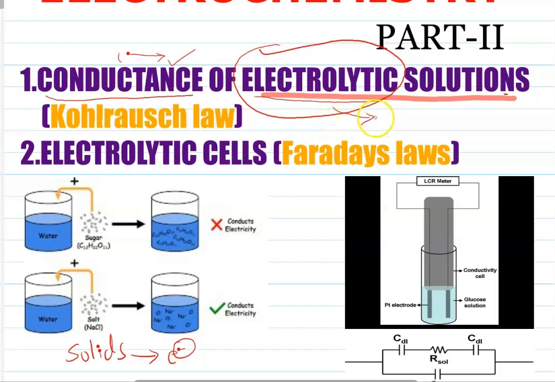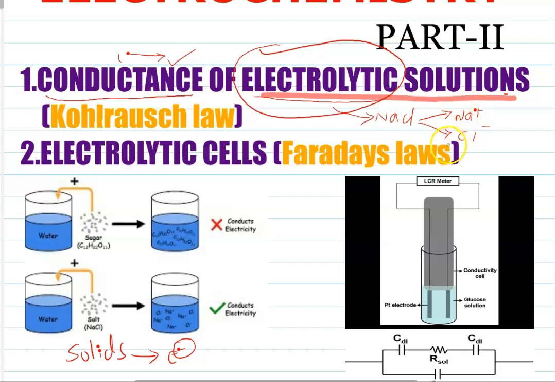Take a very famous example, NaCl. This is an electrolyte. If it is dissolved in water or melted, which you can call fused, it will form Na+ and Cl- ions. That means an electrolyte has a cation as well as an anion.